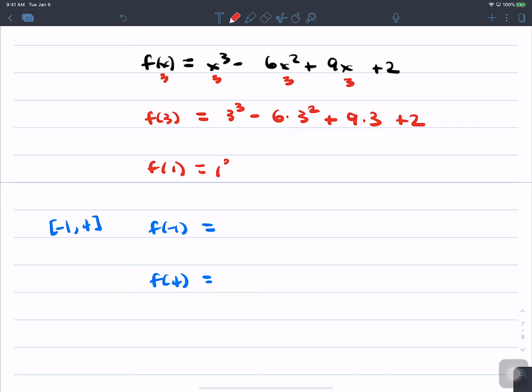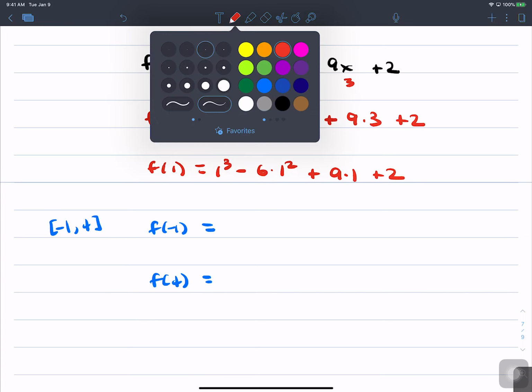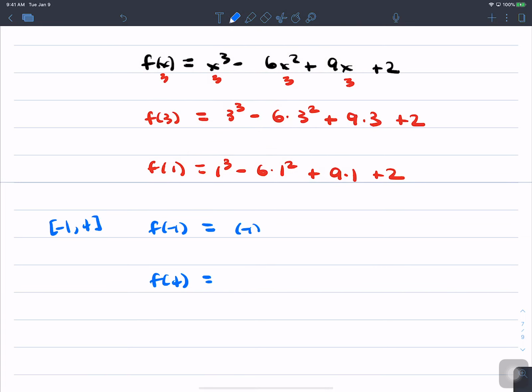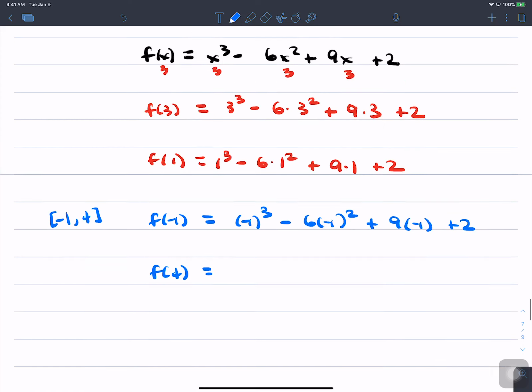And then this will be plugging in 1. 1 cubed minus 6 times 1 squared plus 9 times 1 plus 2. Plug in these values. This is -1 cubed minus 6 times -1 squared plus 9 times -1 plus 2.